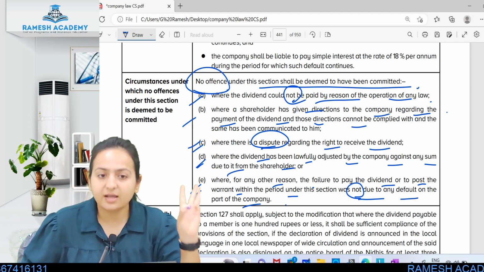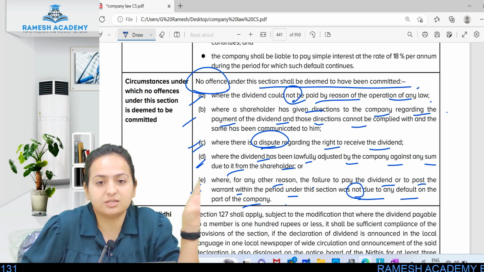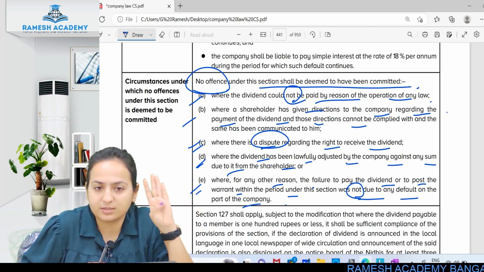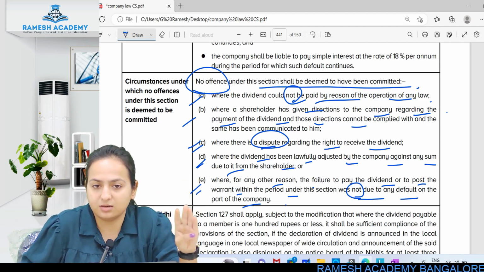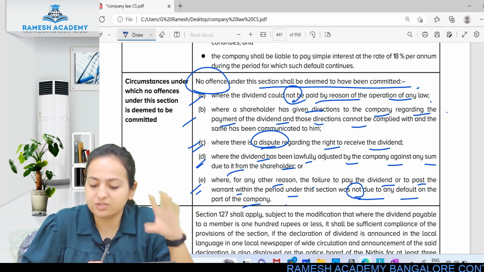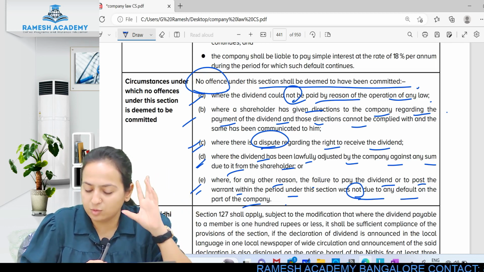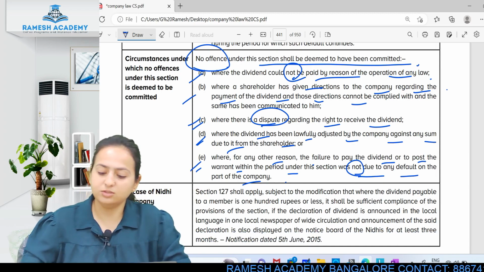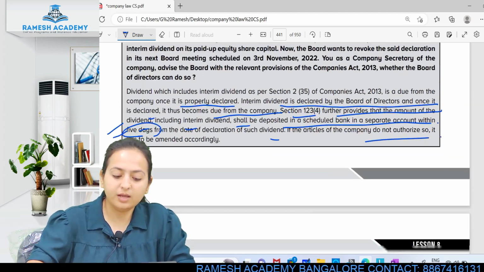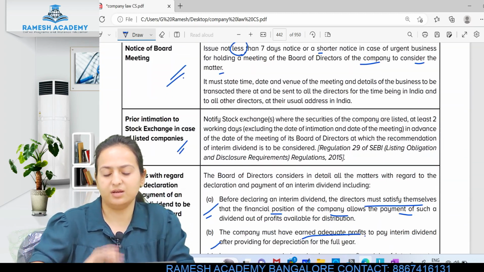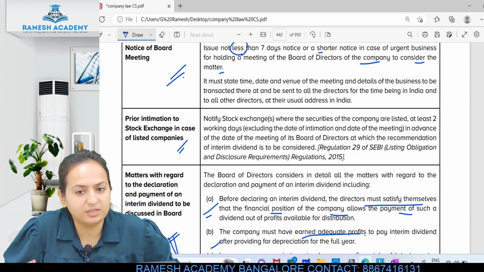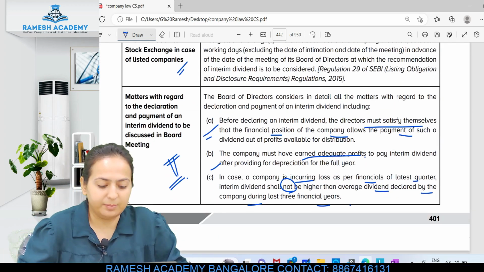The dividend has been lawfully adjusted by the company against a sum due to it from the shareholder. And fifth, for any reason the failure to pay or post the dividend was not due to the fault of the company. These are the circumstances where you can say we are not in default in the payment of the dividend.